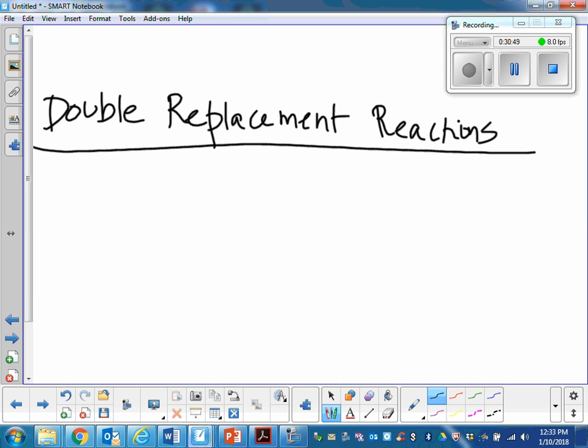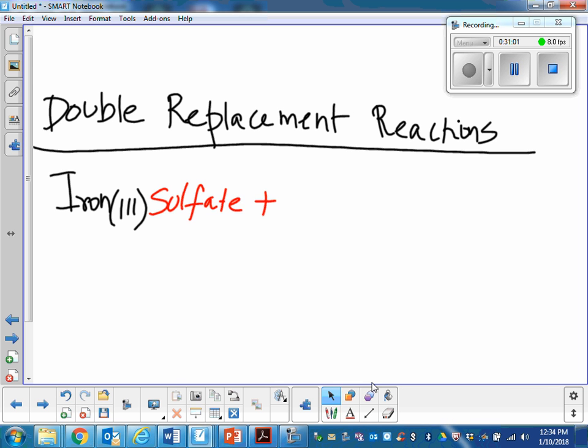So, I have iron sulfate, iron 3 actually, is that right? Is it iron 3 sulfate, guys? Yep. Iron 3 sulfate plus what is the other substance? Barium. Barium is the metal and iodide is the non-metal.